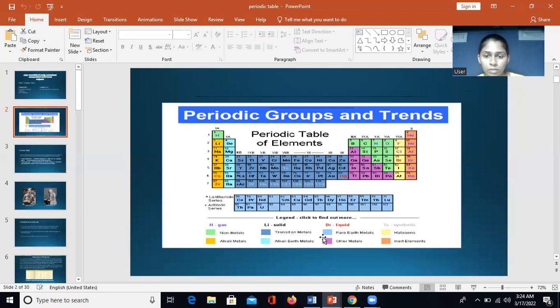The blue color elements denote the earth metals, the purple color elements denote the other metals, the light yellow color elements denote the halogens, and the pink color elements denote the inert elements.